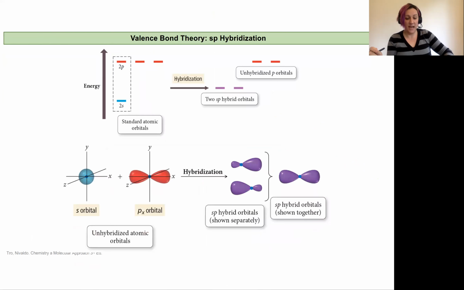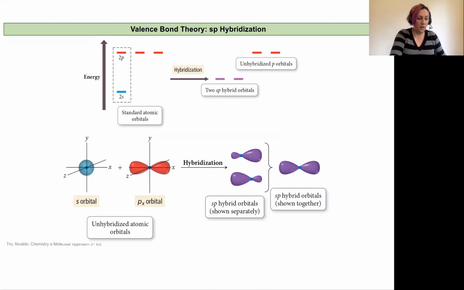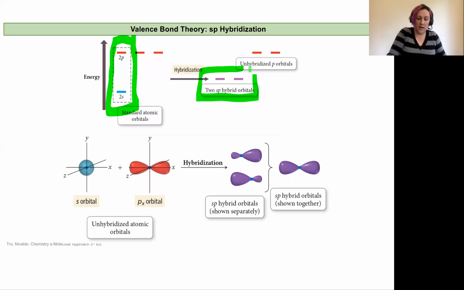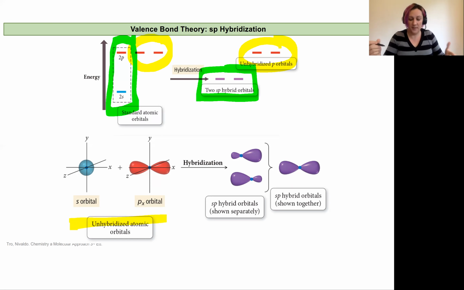Looking at just sp hybridization, like we talked about before, we're combining just one p and one s to form two sp hybridized orbitals, and that leaves two unhybridized p orbitals. When we combine these, we're still getting that same shape again, but we only have two, so they're going to be 180 degrees apart.